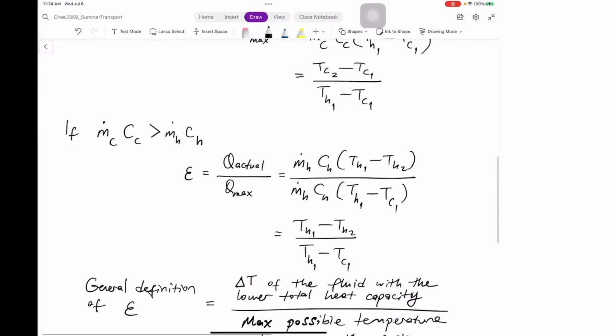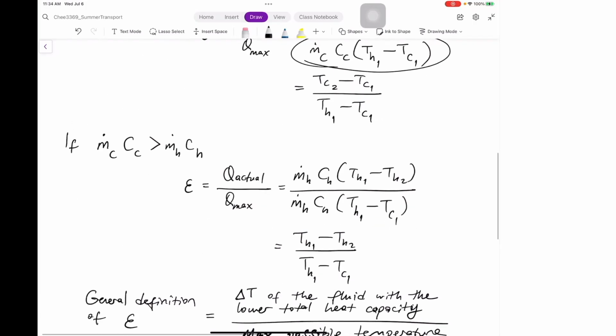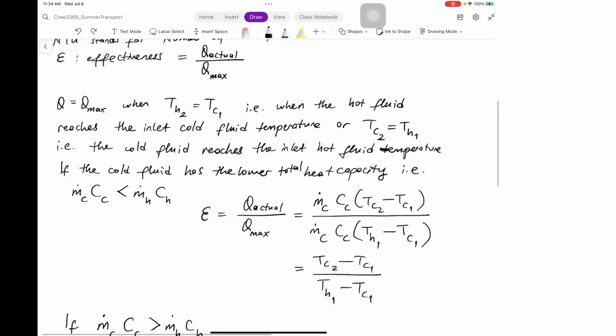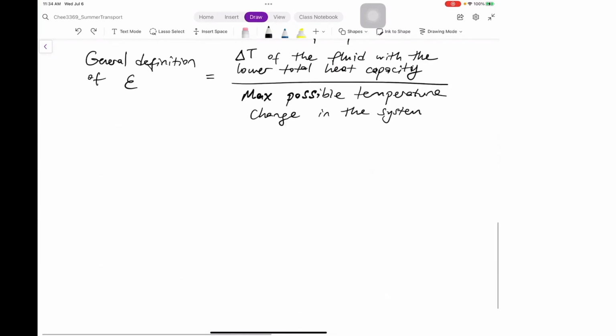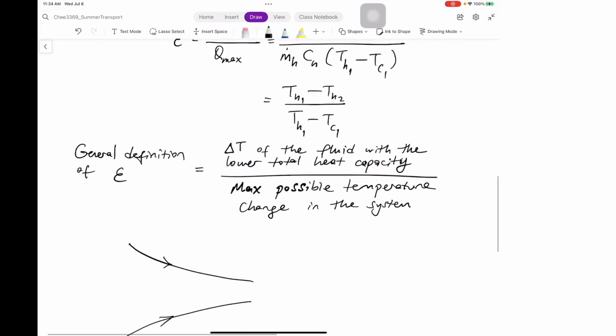So the reason why I use the cold ones in this case, but hot ones in this case, is the following. You can have a situation where, for example, you have this, right? Imagine this is hot, this is cold, right? The maximum possible temperature change in the system, if you actually think about it, is going to happen.